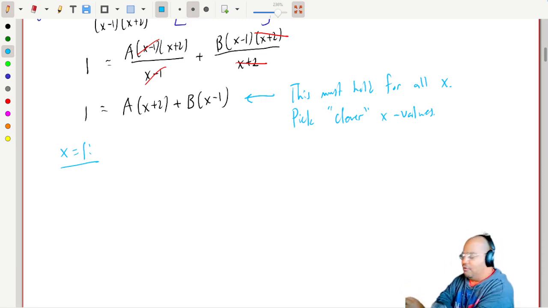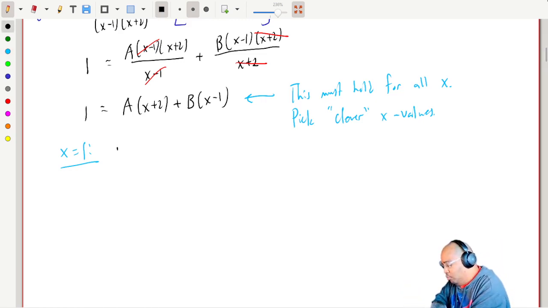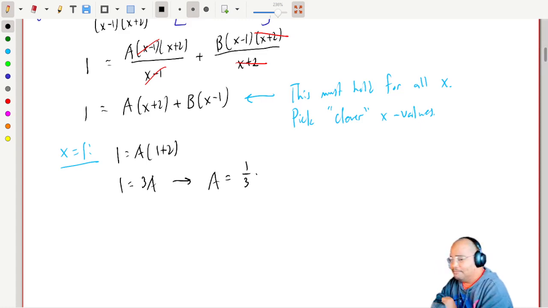So if I plug in 1 on both sides, I get 1 equals a times 1 plus 2, so 1 equals 3a. If I divide both sides by 3, I solve for a: a is equal to a third. So that's how that works out.